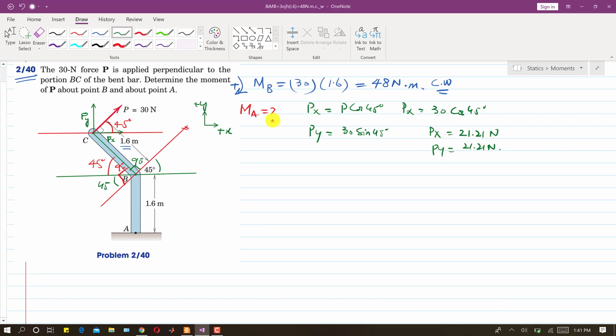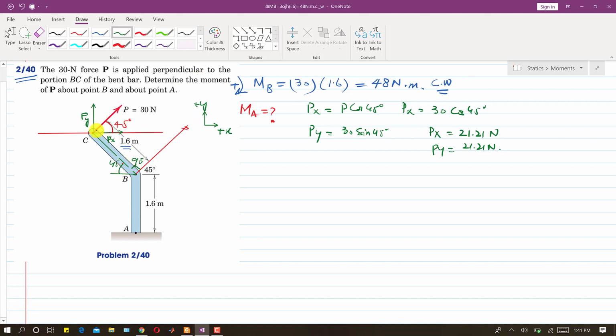So now we want to find the moment about A. We need to find the perpendicular distance of Px from point A and the perpendicular distance of Py from point A, right? So let me erase this. Now we know that this BC arm is making 45 degrees, right? So let me write it again here. This is making 45 degrees.